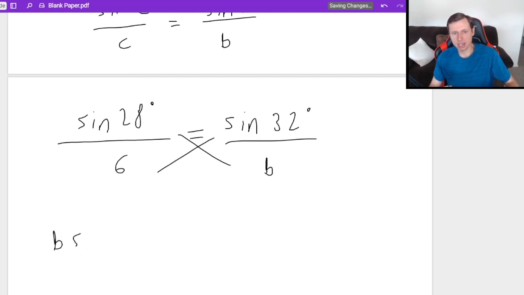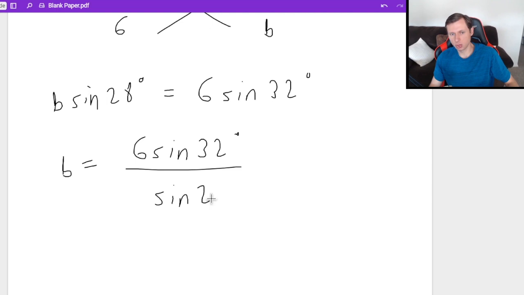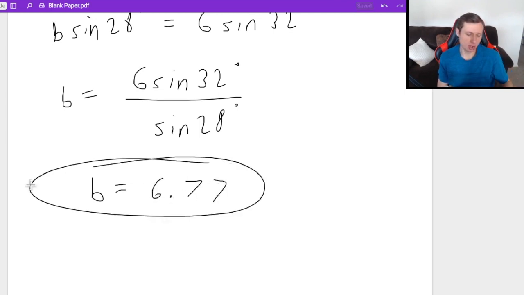So I get B sine 28 degrees equals 6 sine of 32 degrees. And again, I'm just going to divide both sides by the sine of 28 degrees. Plug this in my calculator, and we'll get a final answer. And I get B equals 6.77. And there, that's all my missing sides and angles for this triangle.